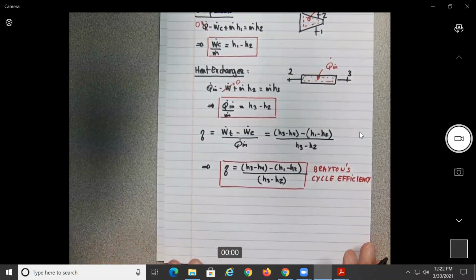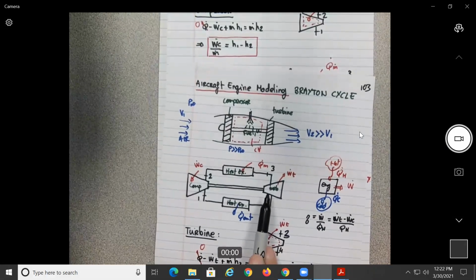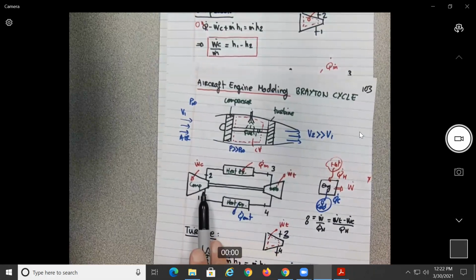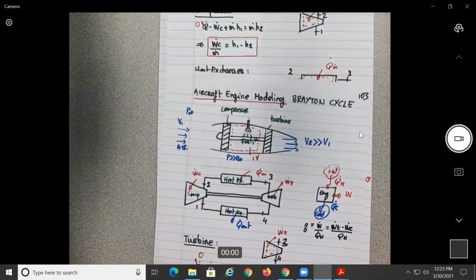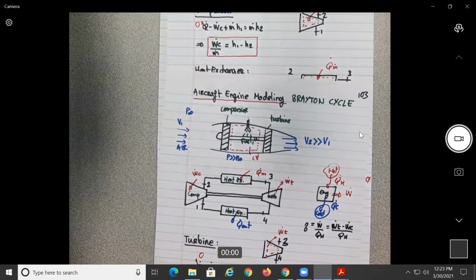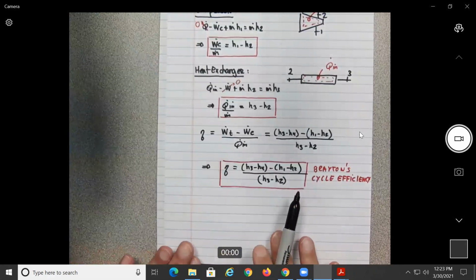Okay, so let me just put over here, and which is true. Most of the time, a lot of the power that is generated by the turbine is sent to the compressor because it requires a lot of power to run the compressor, okay? So what we want to know is the amount of power that is sent back to the compressor. And for that, they use some special terminology.